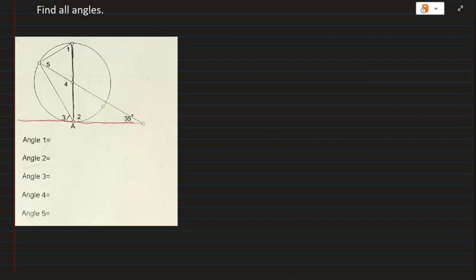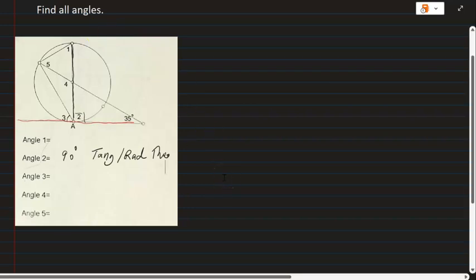The radius that goes through the center hits the tangent line, and at the point of tangency they create a 90-degree angle. So we know based on that theorem, that's a 90-degree angle. We can call it the tangent-radius theorem. Okay, so that's number one.